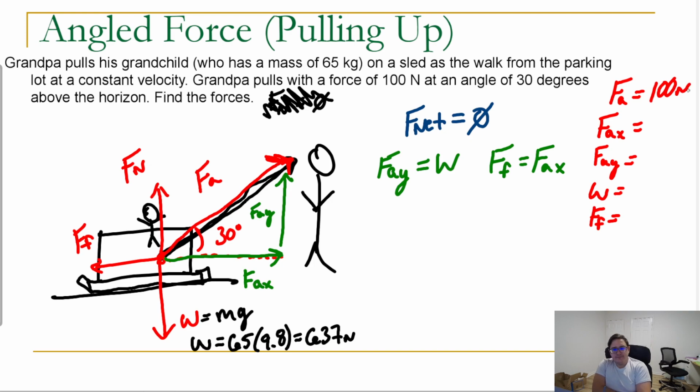We also know that force applied in the x direction equals frictional force. We just found weight: weight is 637. Let's try to find the rest of these. We do have to change one thing here. Since we have 2 forces going up now, we should draw 2 forces going up.